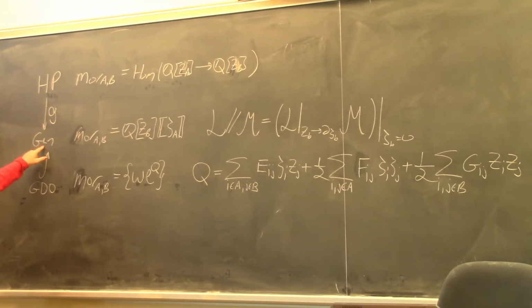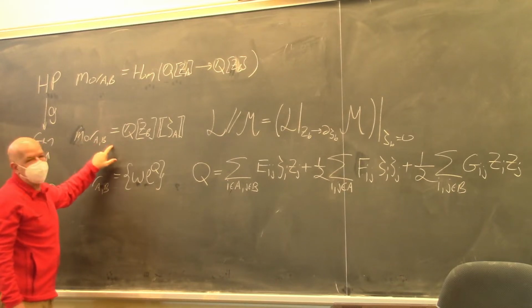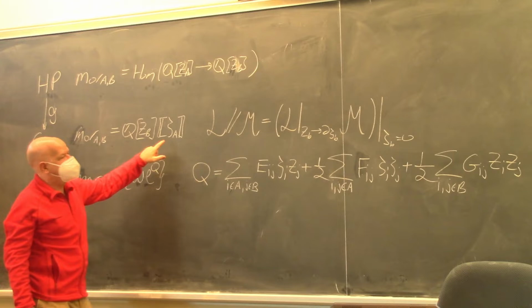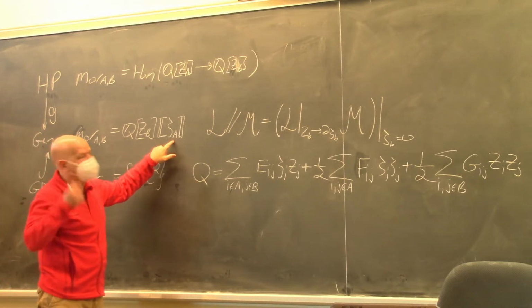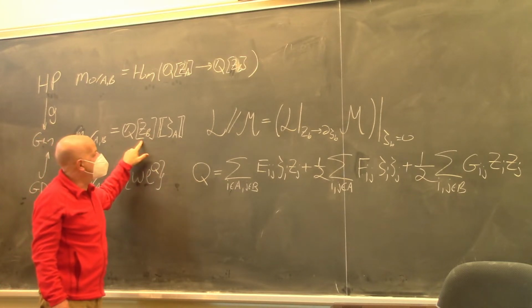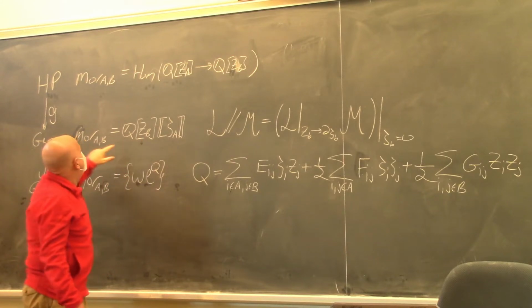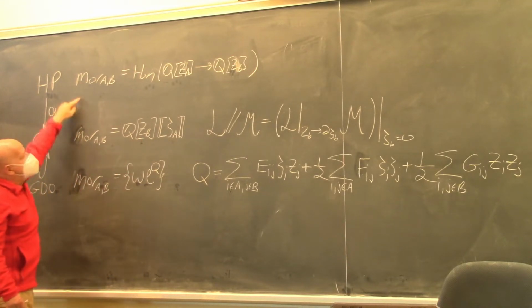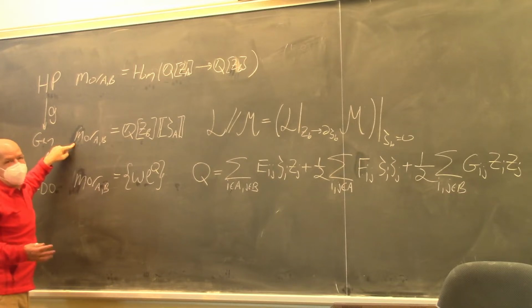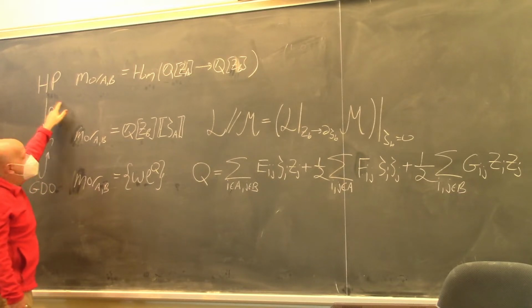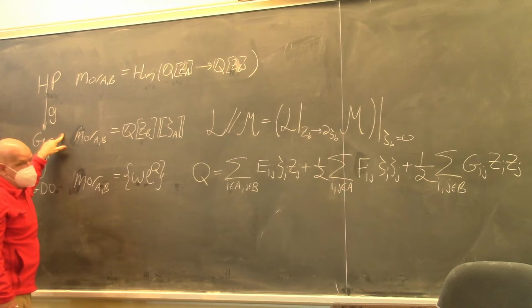The second category was the category of generating functions, and the morphisms from A to B are the power series in the variables dual to A with coefficients polynomials in the variables in B. And these 2 categories are isomorphic, are the same, via the generating function map.